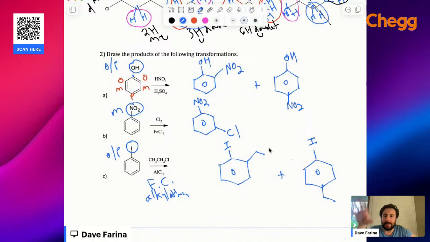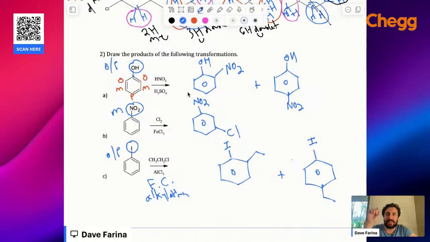Okay, so those are the basics. Well, the very basics would be unsubstituted, just on benzene. But then the second level is we have substituted benzene rings. All we have to do is memorize which groups are ortho-para directors and which groups are meta directors. If you forget, the rule is that groups that are electron donating will be ortho-para directors.